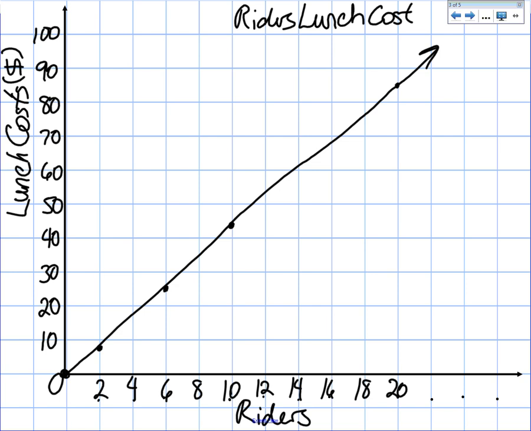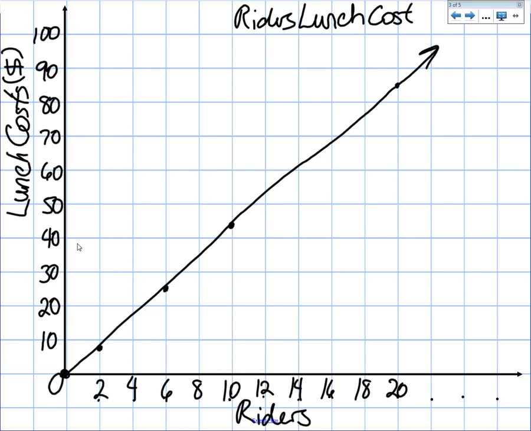And then a big question becomes, should I or should I not connect the dots? This is a great debate. If we connect the dots, we're saying that there's continuous data between the points. But we know we don't have continuous data because you can't have 1.35 riders or 10.7984 riders.